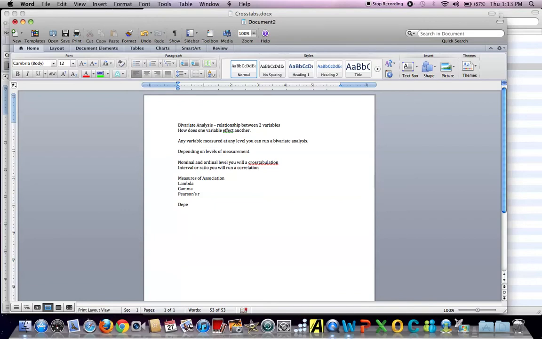Okay. What level of measurement is that dependent variable? And that will help determine what measure of association you will request. To get the lambda and gamma, you will run a crosstab, and the Pearson's R, you'll run a correlation.